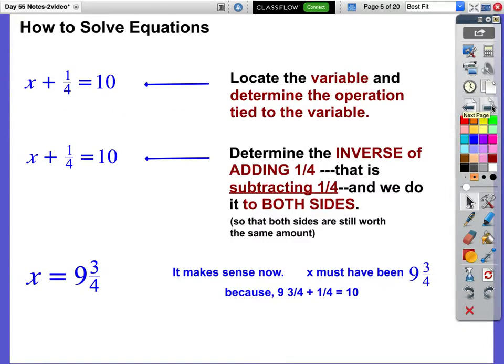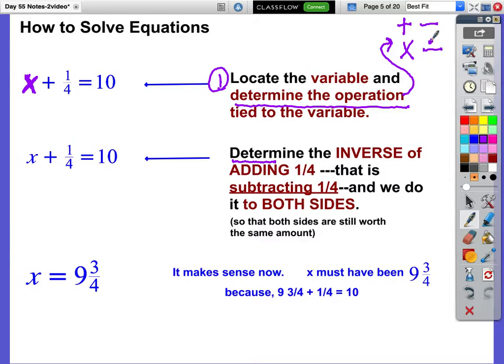We talked about how to solve an equation: first, number one, you're going to locate the variable in a problem. In this problem, it's an x. But then you need to determine the operation that is going on. Now remember, our operations are just adding, subtracting, multiplying, or dividing.